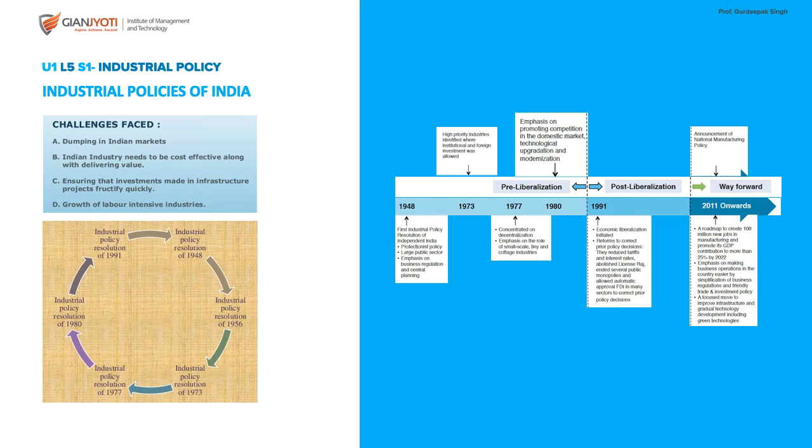And we wanted the industry to contribute more to the national GDP, and also we simplified some of the regulations for doing business in India, and we wanted ease of doing business in India. Our rank should improve, and also we again emphasized world-class infrastructure and the best technology. We also looked at the environment and we wanted greener technologies to be adopted in India.